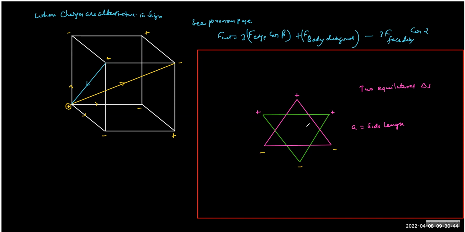That's a rule, and they have a common center, so the centroid of the first triangle is the same as the centroid of the second. These charges are, let's say, q, and at the center we have charge q naught. Find the net force on q naught. So the question is clear? Yes, sir. Go ahead.